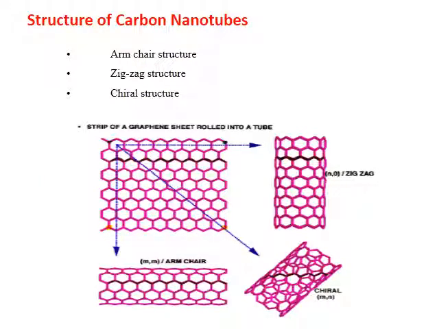Based on their fundamental structure, these carbon nanotubes are of three types: number one, armchair structure; number two, zigzag structure; and number three, chiral structure. Depending on their geometrical arrangement, I am repeating, the structures are armchair, zigzag, and chiral.